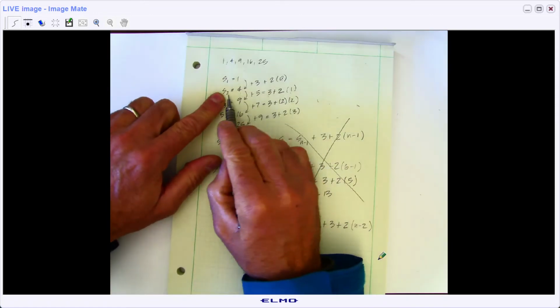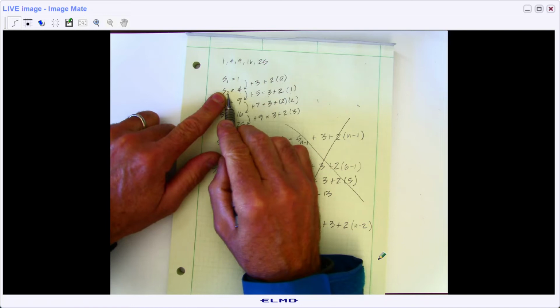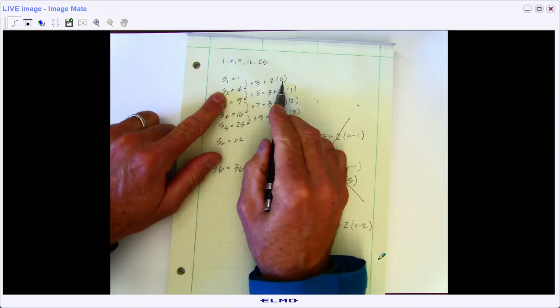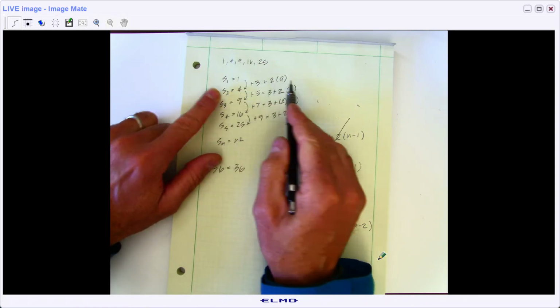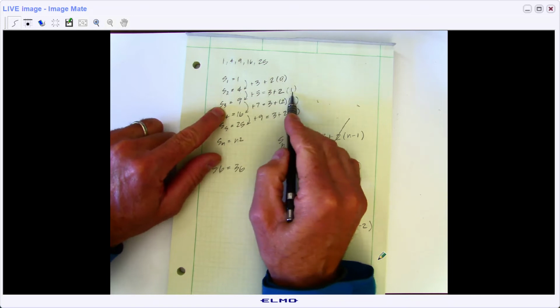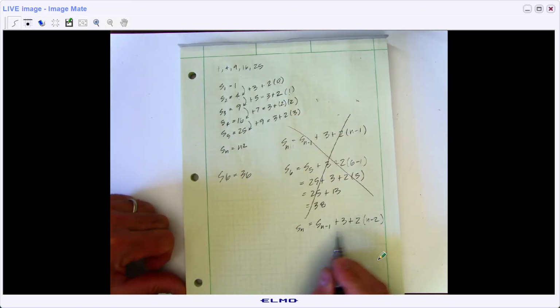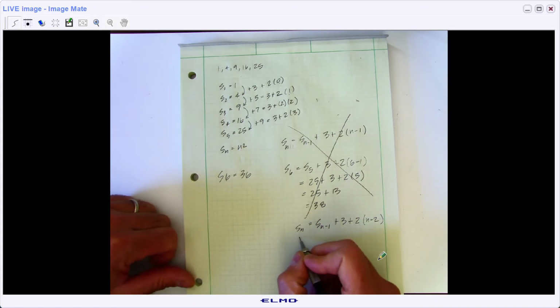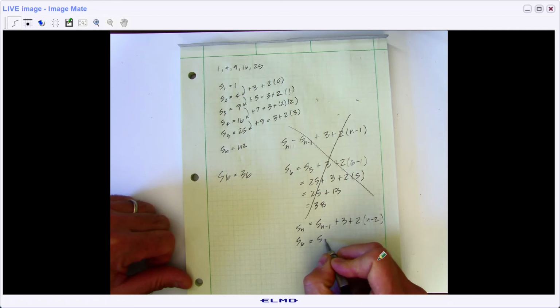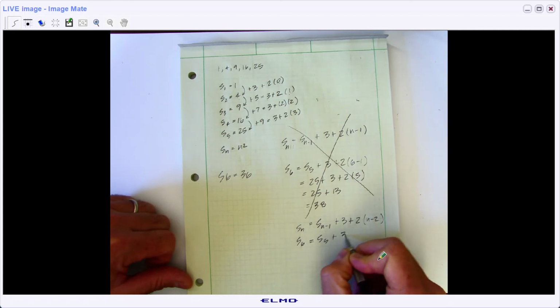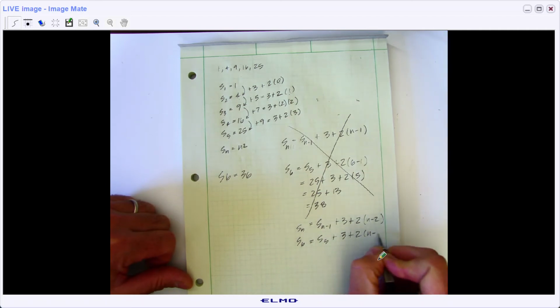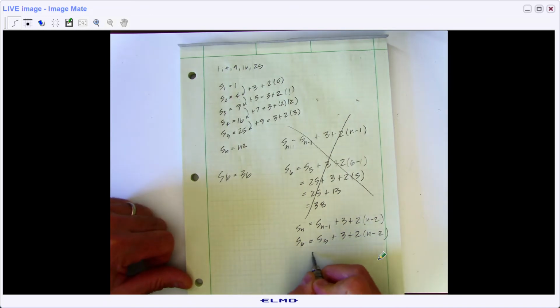Because to get to the S sub 2 term, we're adding 0 2's, and that's 2 less. To get to the S3 term, we're adding 1 2. I see my mistake now. So it appears like this should work. Let's just make sure it does. S6 is equal to S5 plus 3 plus 2 times n minus 2. So we get 25 plus 3 plus 2 times 4.